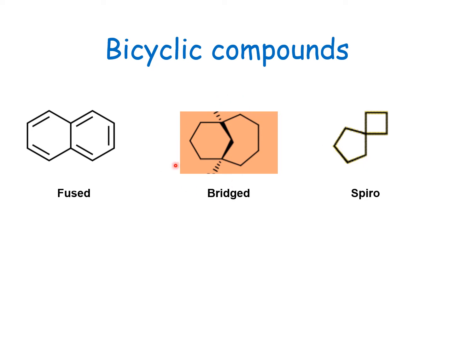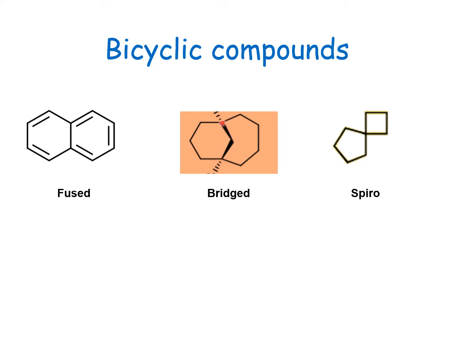In case of bridged ring systems, as you can see, there is some extra carbon atom. It can be 1, 2 or 3, which is protruding ahead or up from this face.